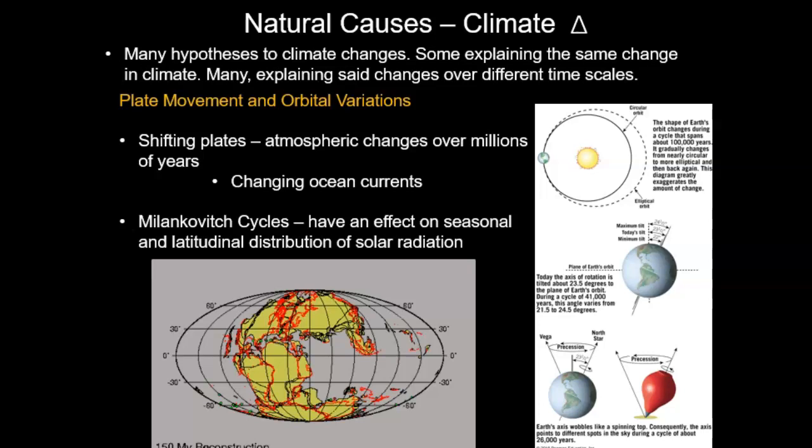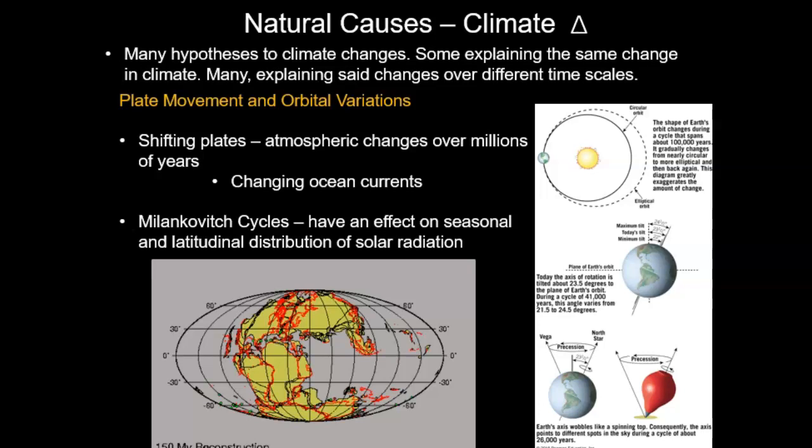So, for example, you may remember from chapter 15 that there were two main hypotheses explaining the glacial and the interglacial periods. These were the plate tectonics hypothesis, in this case towards explaining the glaciation periods, and the Milankovitch cycles. These same two hypotheses have an effect on climatic changes and atmospheric heating.